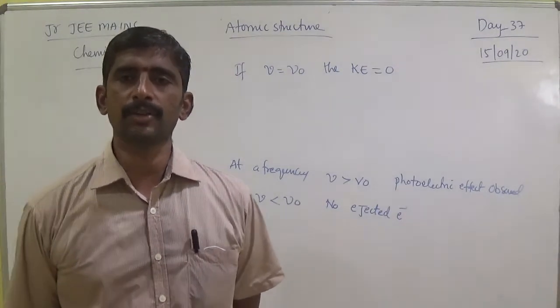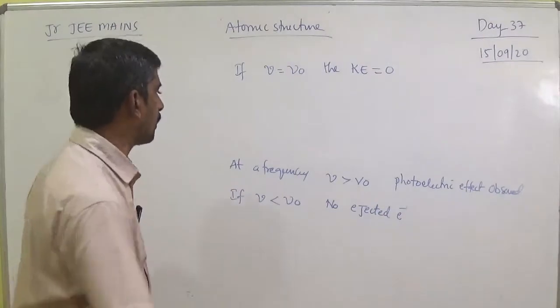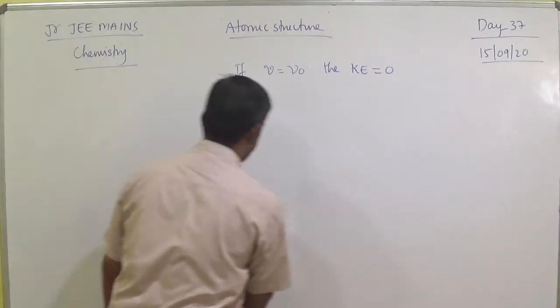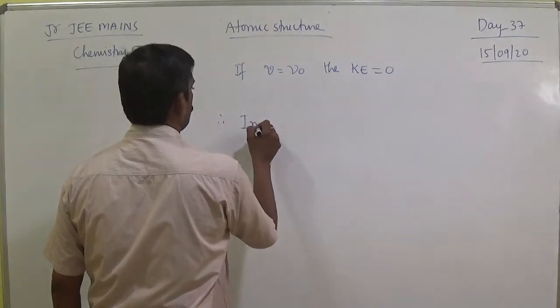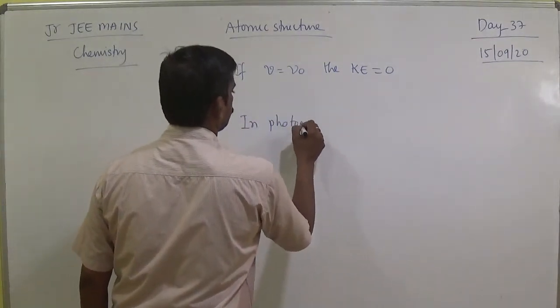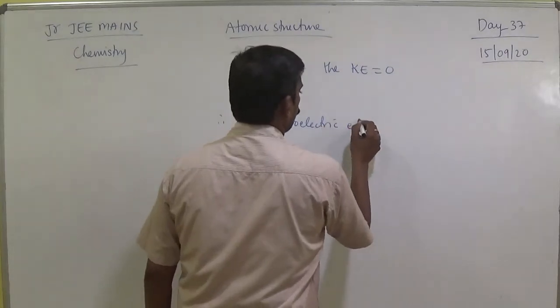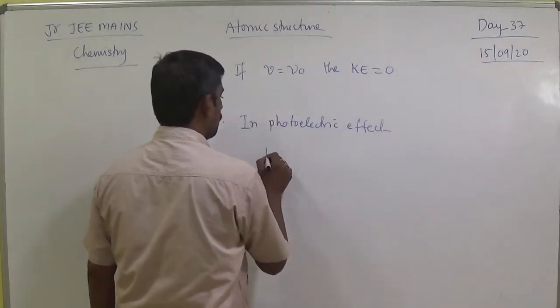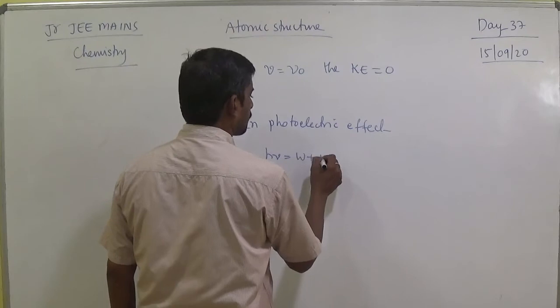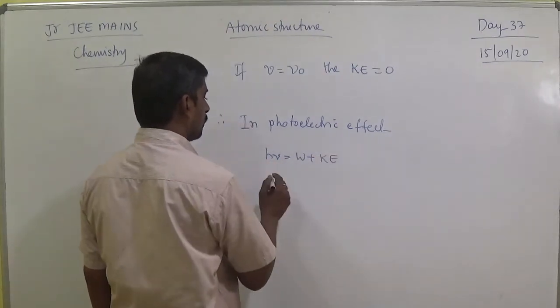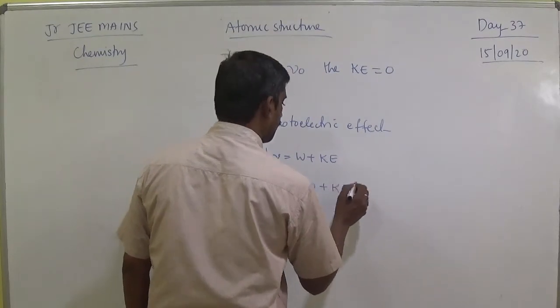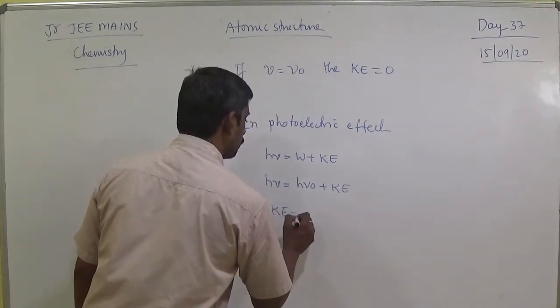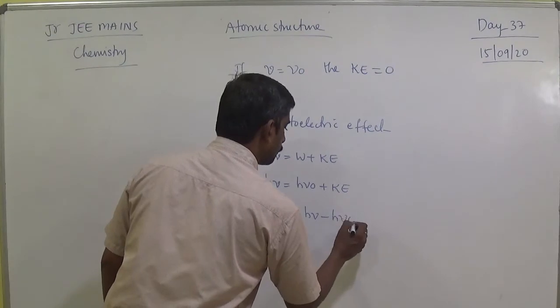The final formula in the photoelectric effect: h nu equals W plus K, where W means work function. So h nu equals h nu naught plus K, or K equals h nu minus h nu naught.